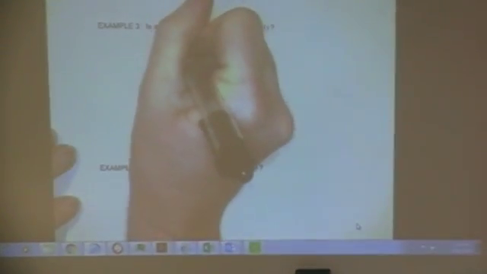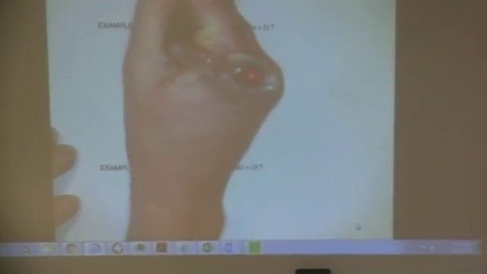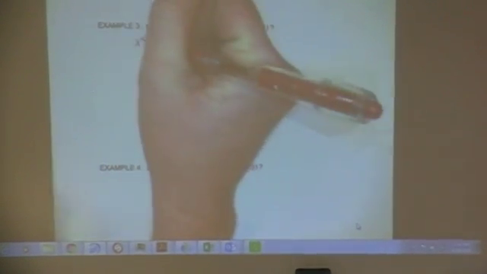But if I take this x equals 3, and I move this 3 to the other side, what will it be when I do that? X minus 3. And x minus 3 is a polynomial. It's a binomial. So that can be my divisor.